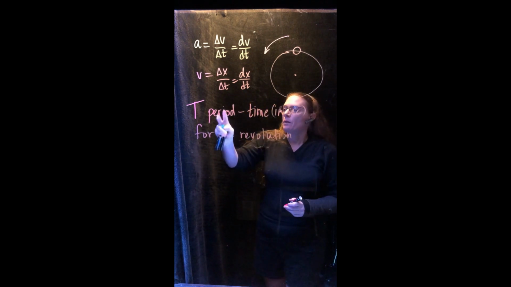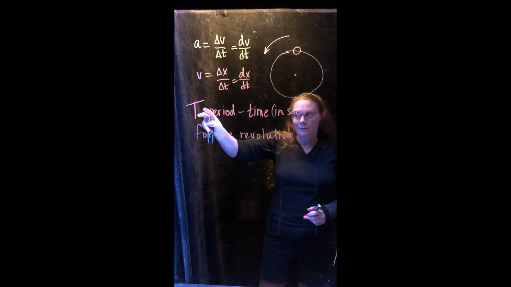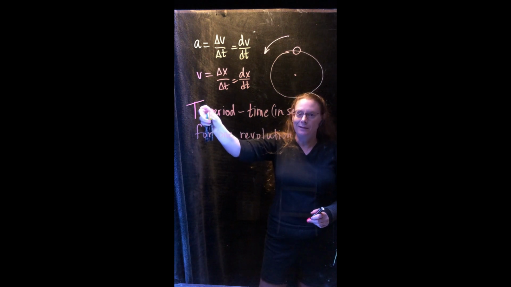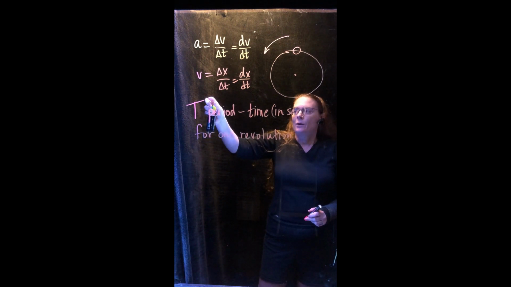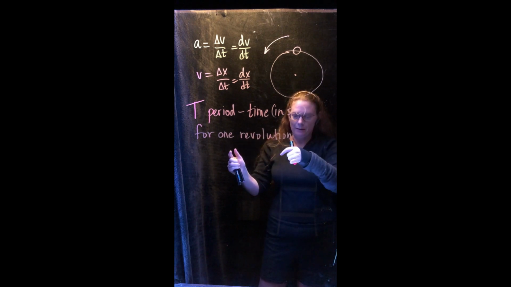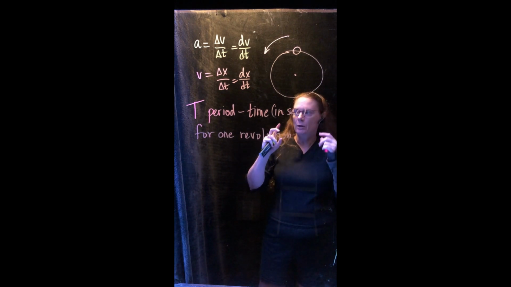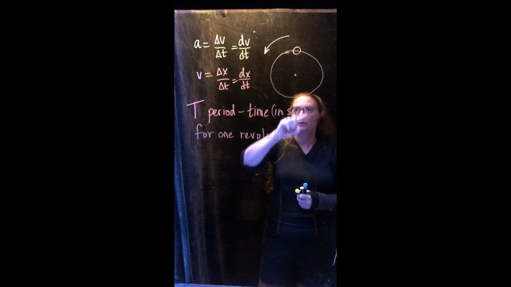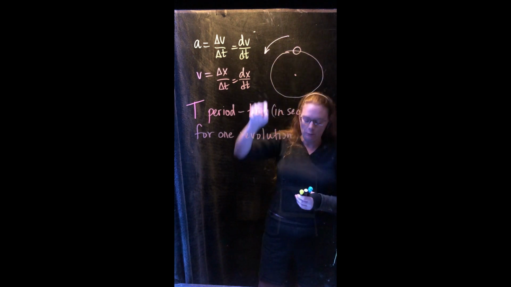The period is labeled capital T, so we have to be really careful because we've usually been using this as tension. Capital T now could mean tension, it could mean period. You have to watch the units and think about what that T means. So the period is the time in seconds for one revolution. How much time does it take to go once around?